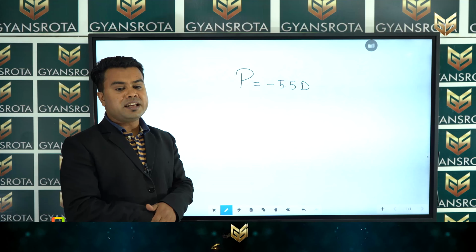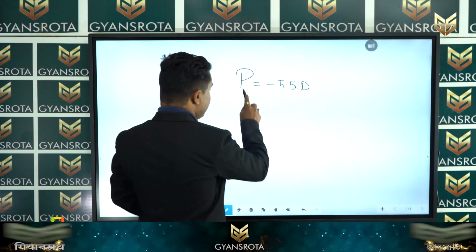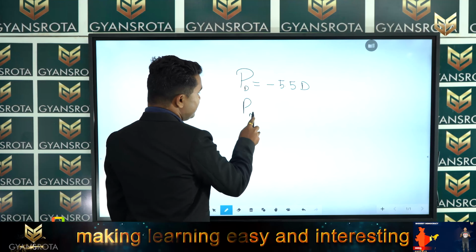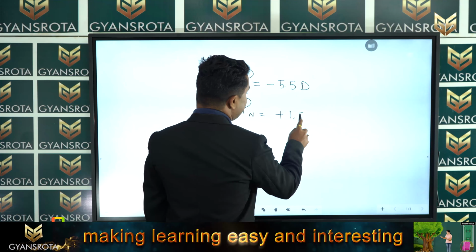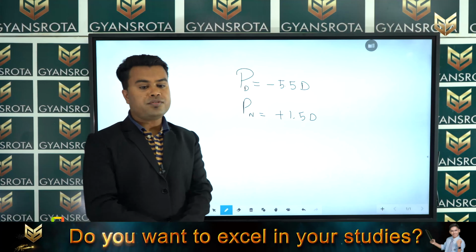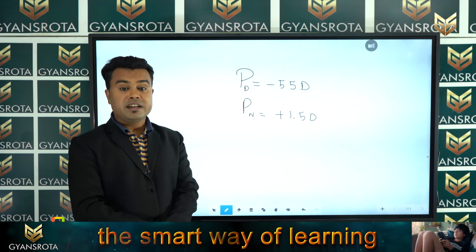For correcting the near vision, he needs a lens of power plus 1.5 diopter.